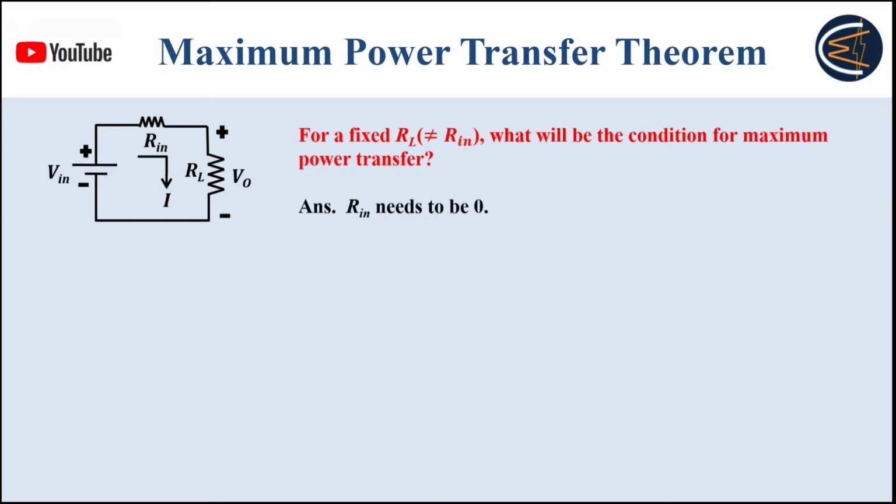That power is completely wastage. So we will always want that loss to be as minimum as possible. From that perspective you can easily say that R in, that means the internal resistance of the circuit, should be as minimum as possible, so that the loss that takes place across that internal resistance is minimum. And once it is minimum we will get maximum output power.